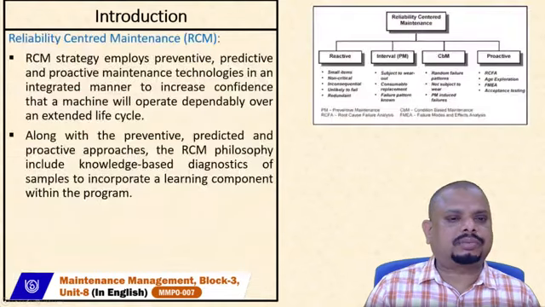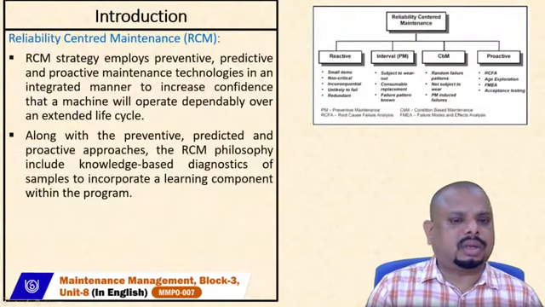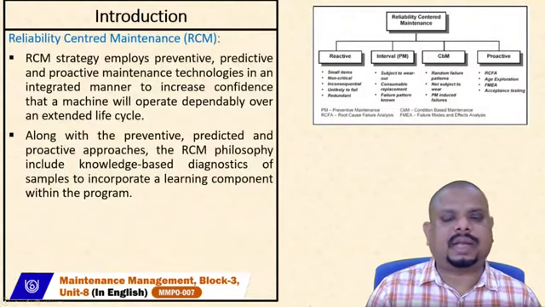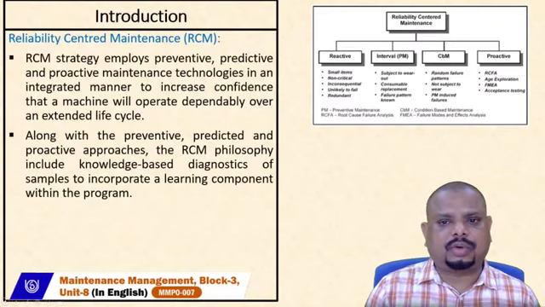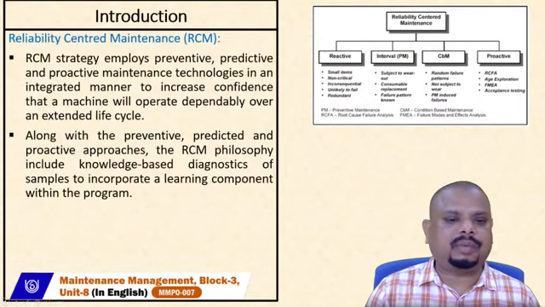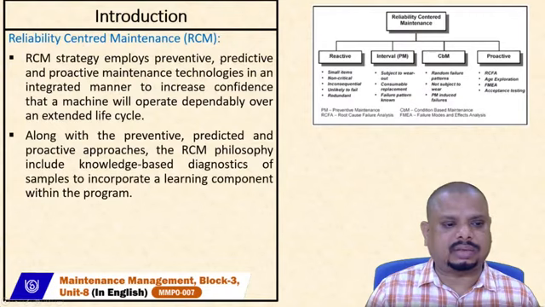Moving to the next one. The next one is the introduction of reliability centered maintenance. If you go for the classification of reliability centered maintenance, which is shortly known as RCM, the RCM strategy employs preventive, predictive, and proactive maintenance technologies in an integrated manner to increase confidence that machines will operate dependably over extended life cycles.